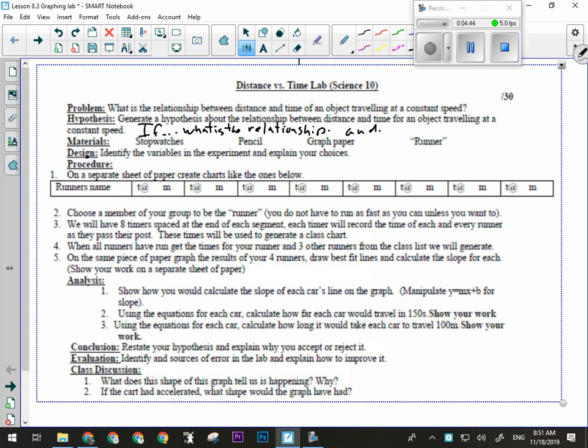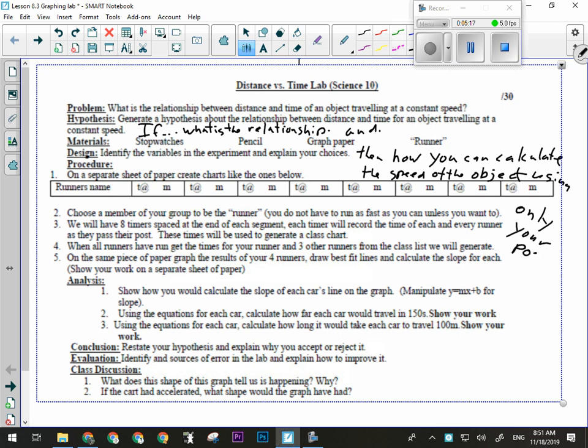In the then part, you need to tell me how you can calculate the speed of the object, and this is the key part, using only your graph, your position versus time graph.